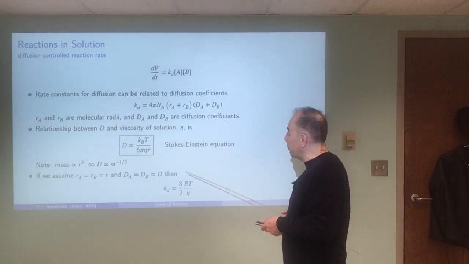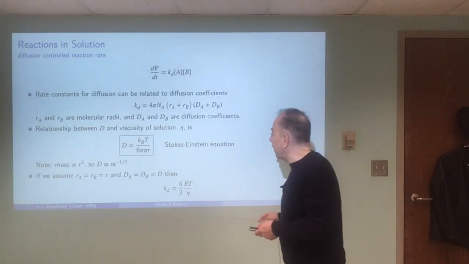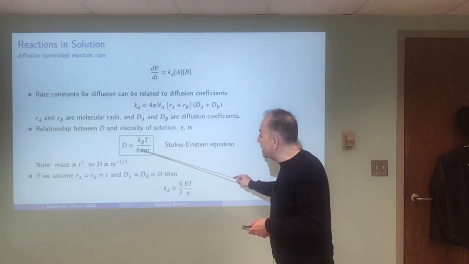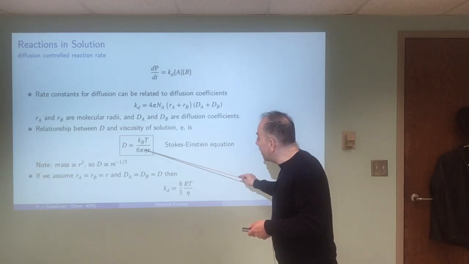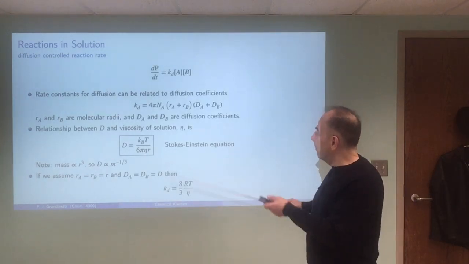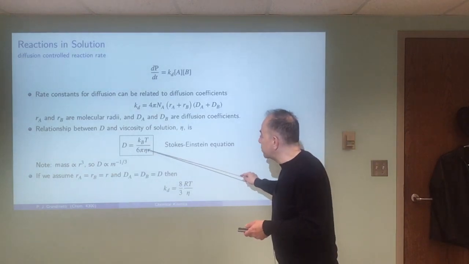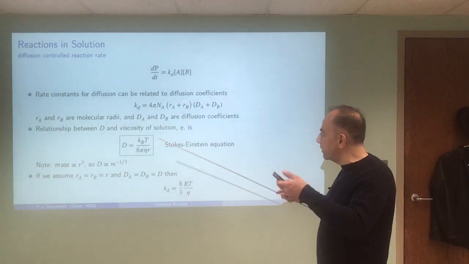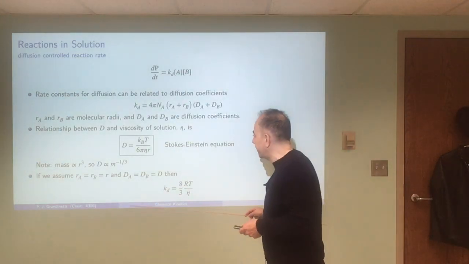Now, these diffusion coefficients you can get from the Stokes-Einstein equation, which is D equals kBT over 6 pi times the viscosity times the radius of the molecule. The viscosity is that of the solution we're working with, the solvent around the molecules.